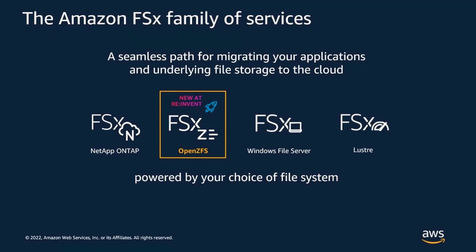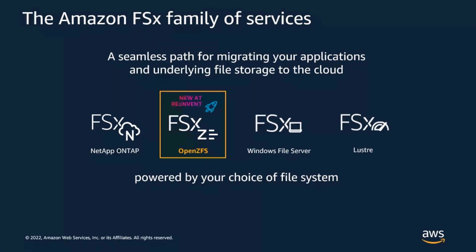And with the FSx family of services, we really aim to offer a seamless path for migrating your applications and your underlying file storage to the cloud so that you can lift and shift your existing solution to fully managed file storage without having to re-architect, without having to re-qualify, and without having to rewrite any of your existing code. Within the FSx family, we offer 4 different offerings.